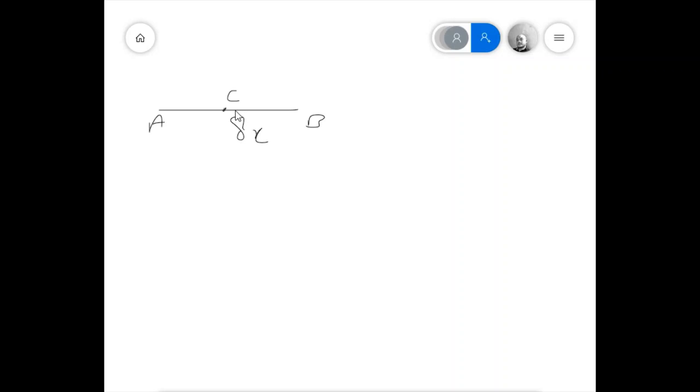So we can write the above expression as AB equals AC plus BC. Now since C divides the line segment into two equal parts, we can say that AC is equal to BC.